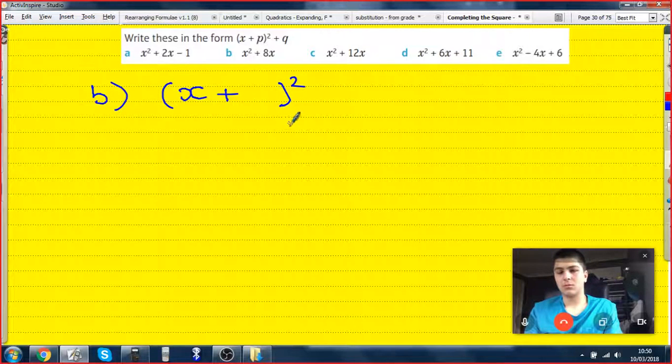So how would you write it as x plus something squared? That would give you an x squared and an 8x when you expand it.